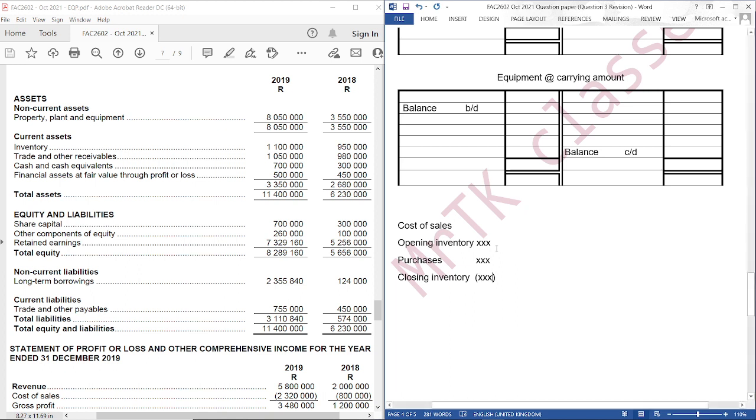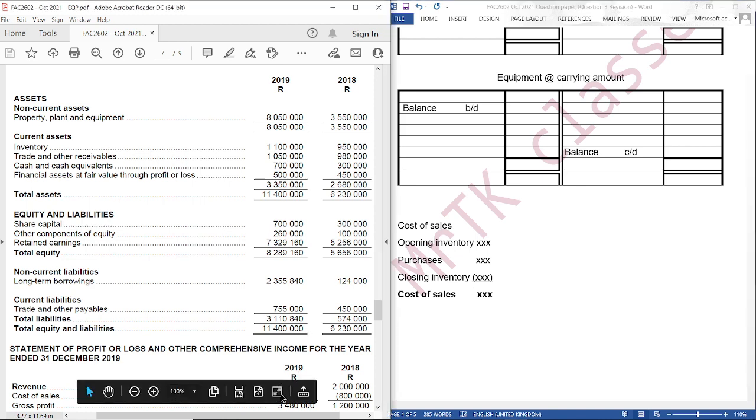Okay, so this is how we calculate our cost of sales. Cost of sales will be this amount right here. Okay, so we can see that everything else is there. Opening inventory, closing inventory, cost of sales.